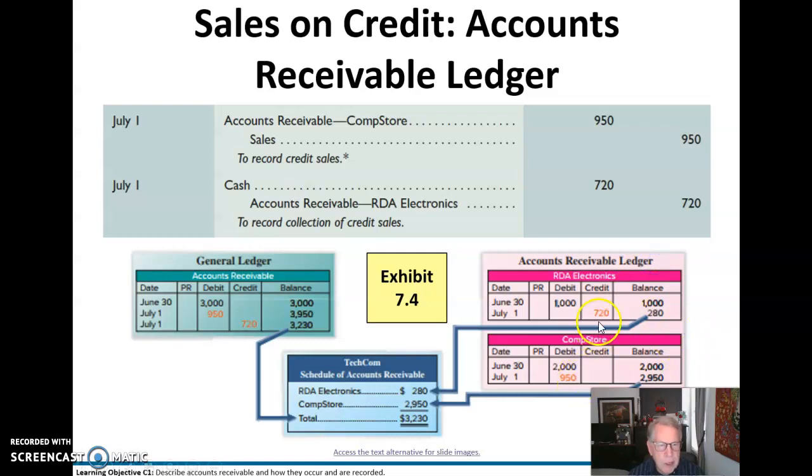And as you can see, we've reduced the amount here to RDA by crediting accounts receivable, and we've increased accounts receivable here to CompStore. Those go into the schedule of accounts receivable that we track. And we have a total now of $3,230 in total accounts receivable, which ties, of course, to the general ledger balance on July 1.